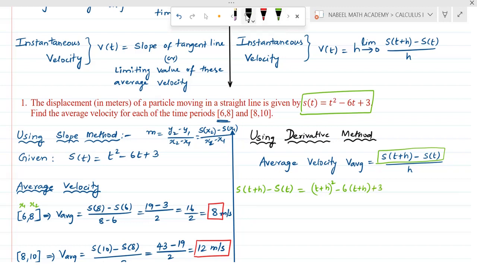This is the first term. Now minus the same thing, t square minus 6t plus 3. This is the second part.